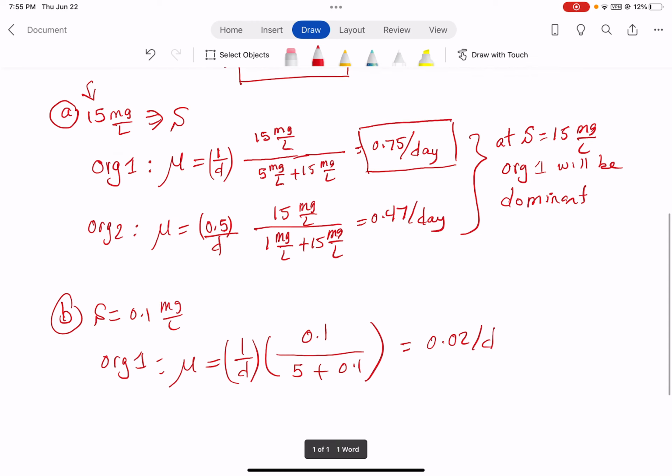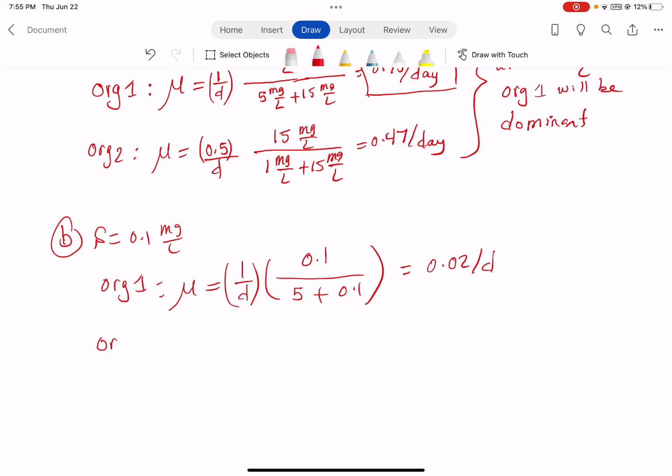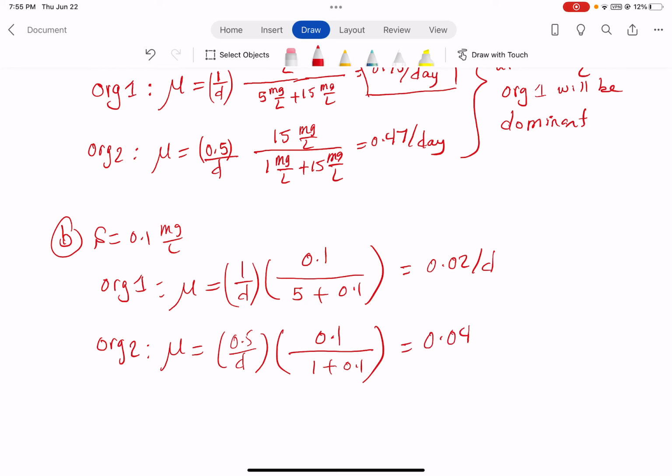Let's look at organism 2. Mu, of course, mu max will not change, 0.5 per day. And the food is similar. And now this is also 1 plus 0.1. And this would give you, okay.